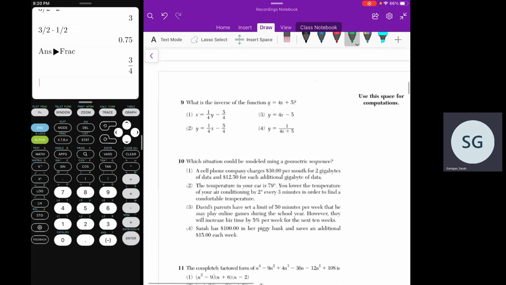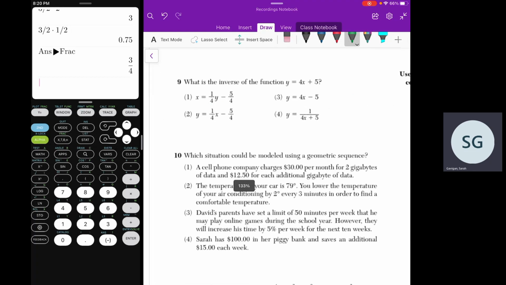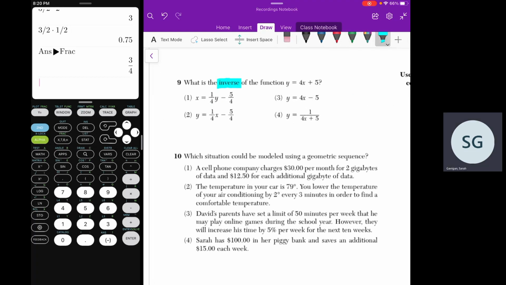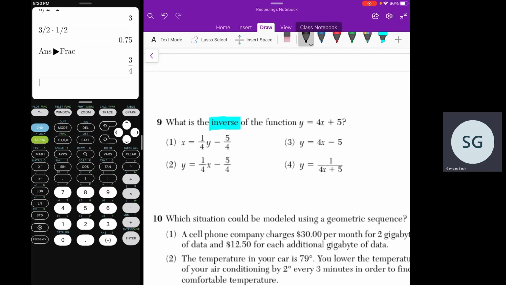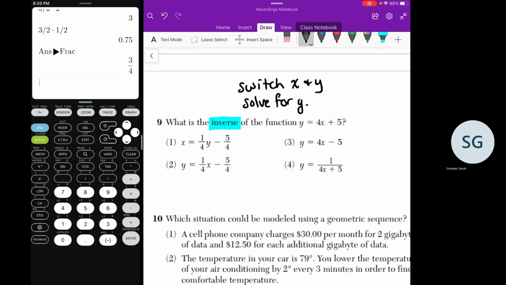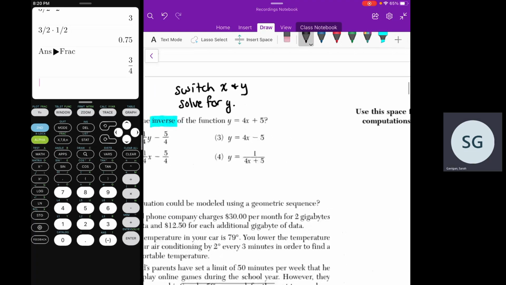Let's go on to number 9. Oh, the inverse. The inverse. When you see a word that you know you should know, it's sometimes helpful to write out quick notes. Switch x and y, solve for y. Let's not look at the answers first. Let's actually do the work first.